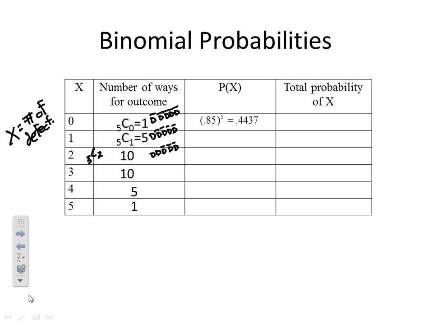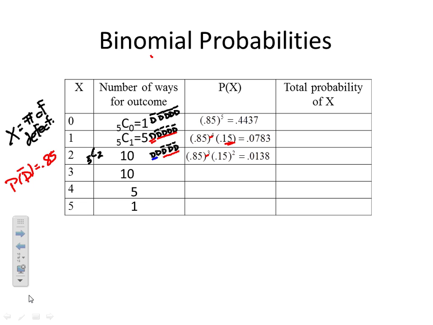Here you can see there are 4 not Ds, and again, the probability of not D was 0.85. So we have 4 not Ds and then 1 defective. The next one down, there are 3 not Ds, so we put 3 for those that aren't defective.